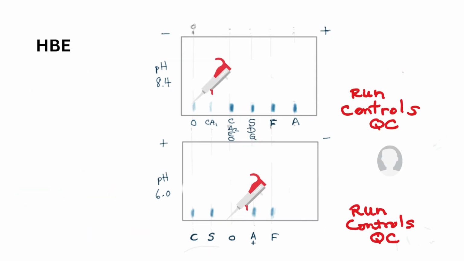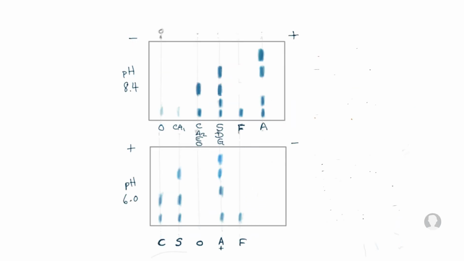We must run controls with each run so that you can see that everything is working properly and you can see all the hemoglobins. And don't forget the negative control. By using the positive control as a reference point, we can interpret the results.